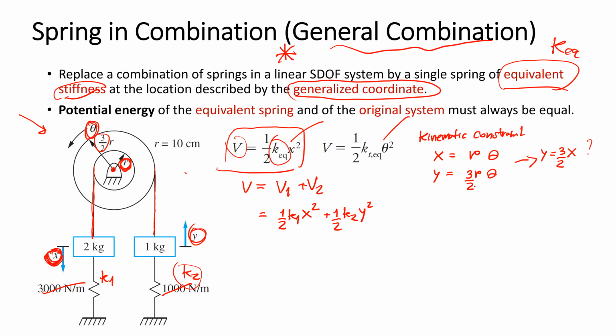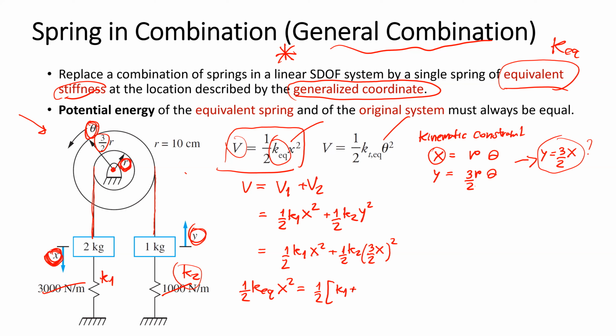Okay, so if I want to derive the potential energy in the form of x, I can have 1/2 K1 x squared plus 1/2 K2 times 3/2 x squared, and the total potential energy, 1/2 K equivalent x squared, should equal 1/2 of K1 plus 9/4 K2 times x squared.